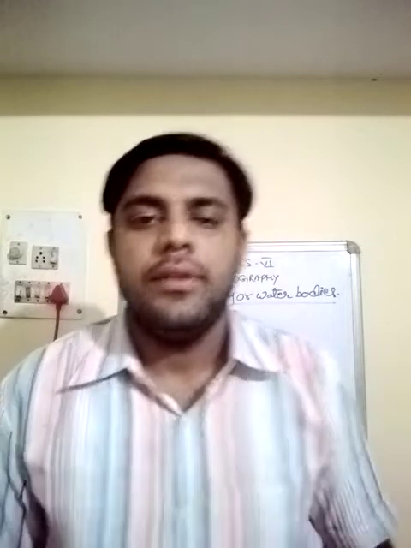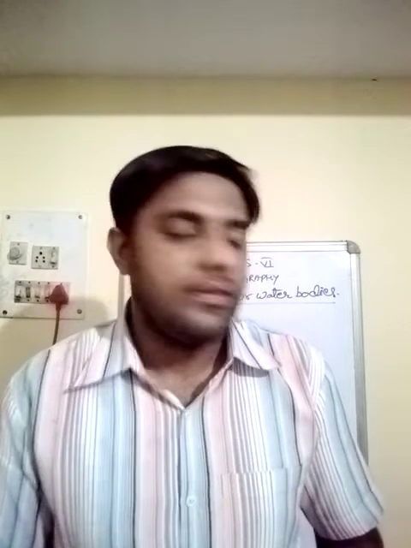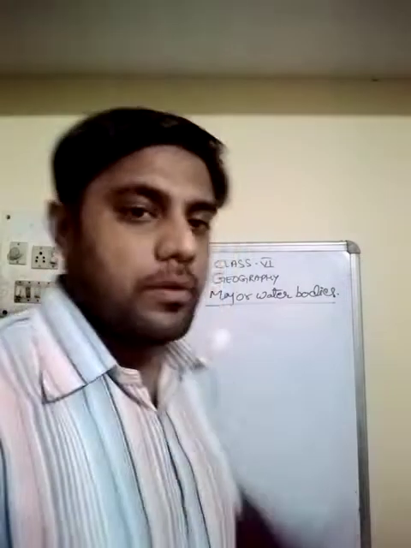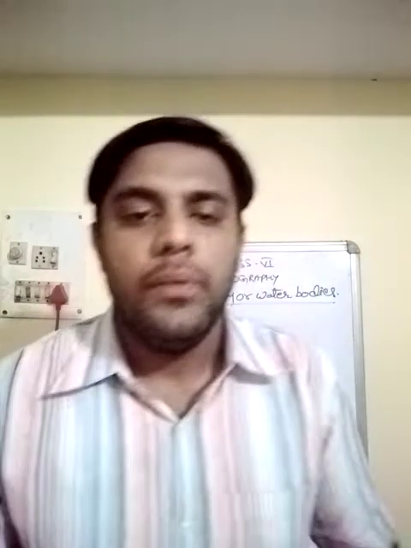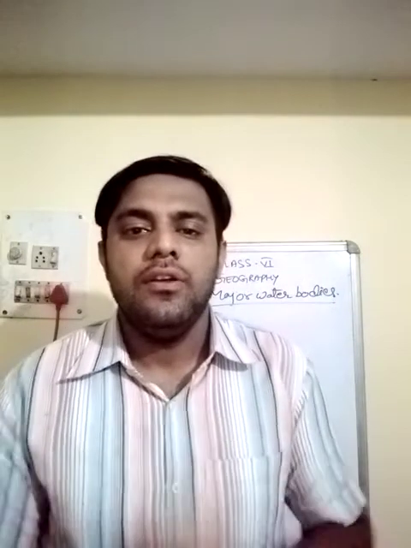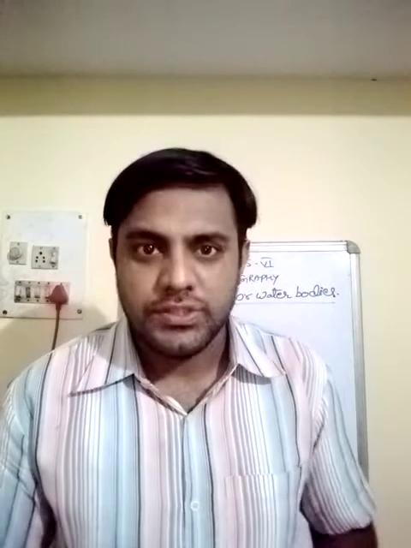Dear children, in the previous video we started chapter 4, major water bodies, and we covered the description of 4 oceans. Today we will be looking at the fifth one.